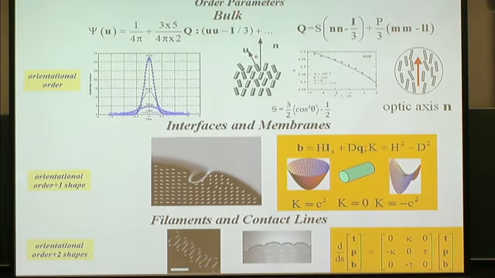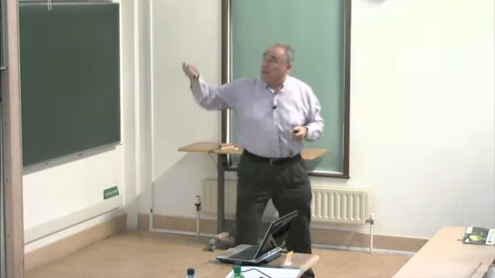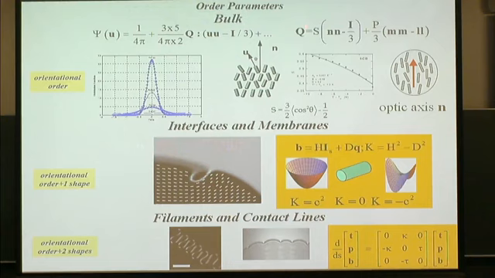So these are the order parameters we use. We have an orientation distribution function, and the second moment is the order parameter we use, the Q tensor. This is a typical orientation distribution function. This order parameter, which forms the basis to describe these oriented materials, can be decomposed into two parts.